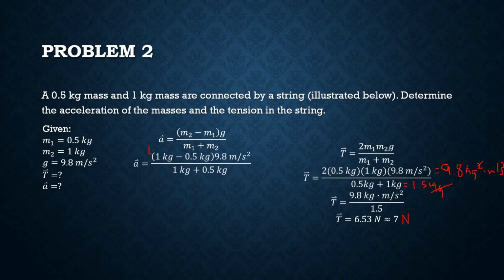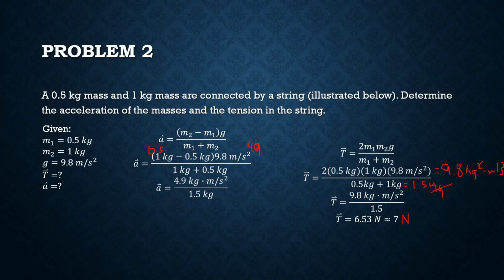So this would be 0.5, which should change this to 4.9. And then cancel out the kilograms, you get this. Okay. So 1 kilogram minus 0.5 kilogram is 0.5.